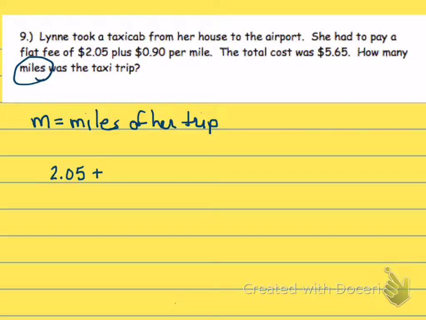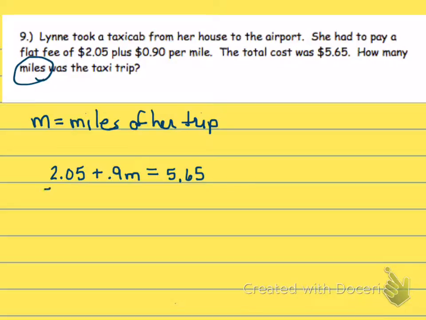She had to pay 90 cents per mile. So that's 90 cents, and that per is a really good indicator that we're multiplying. And it's per or for every mile. And her total cost, so that tells me totaling up is my equals, and that total cost was $5.65. And there's my equation.